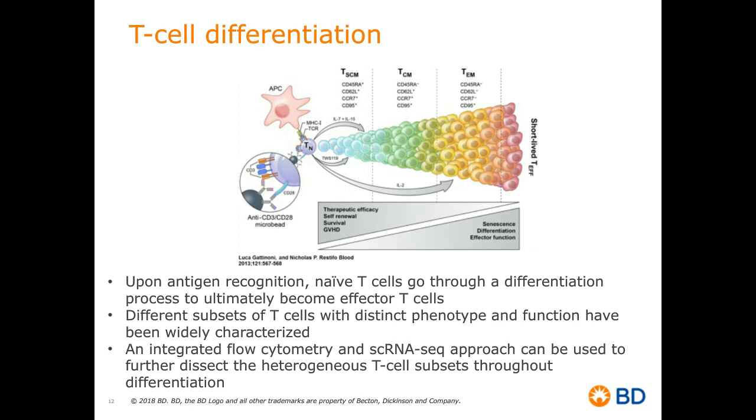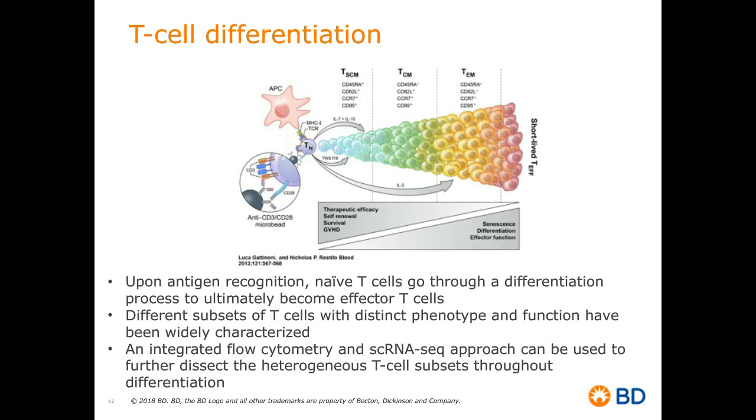The field has defined a set of surface markers, the combination of which can broadly define these different stages. However, it is very reasonable that even within a compartment, for example stem cell memory, that is defined by these immunophenotypic profiles, heterogeneity can exist, for example, at the gene expression level.